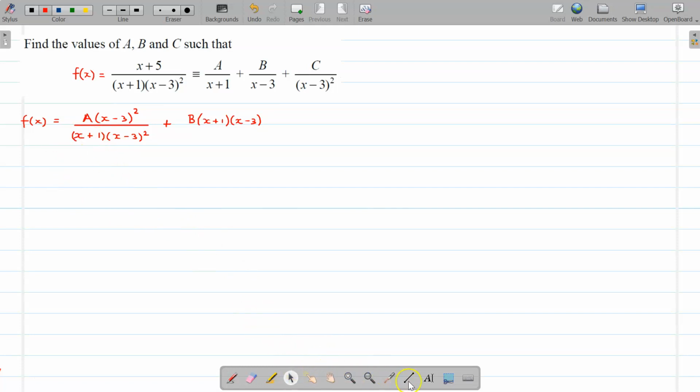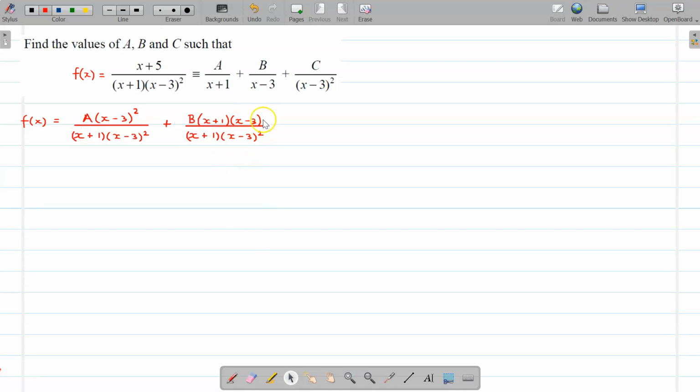So I put the fraction line in first, and then underneath I take a copy of this and put it under here to save me typing it all out again.